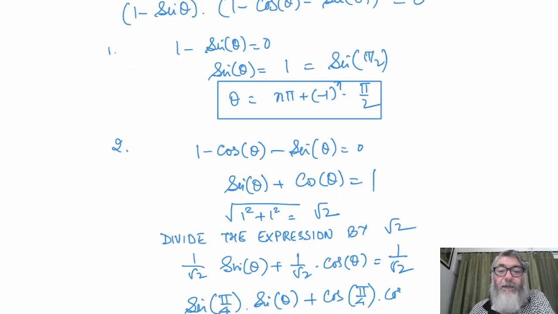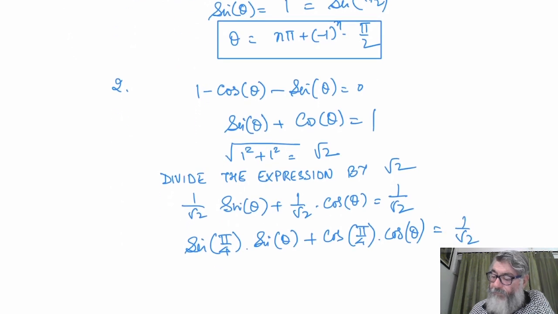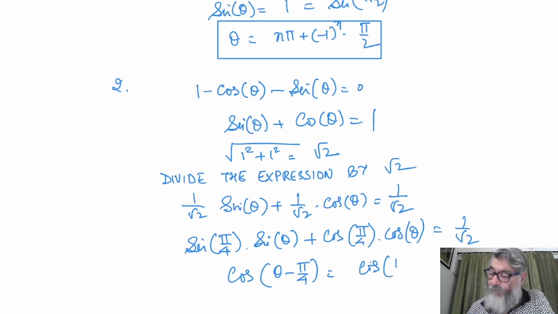Cos A cos B plus sin A sin B will become cos A minus B. Cos theta minus pi by 4, and it will be cos pi by 4. So it will become what? It will become theta minus pi by 4 will be 2n pi plus minus pi by 4.